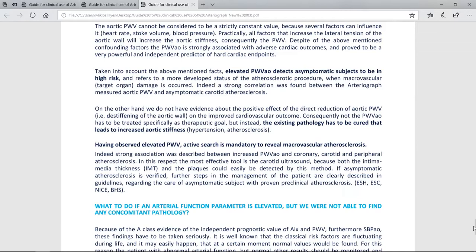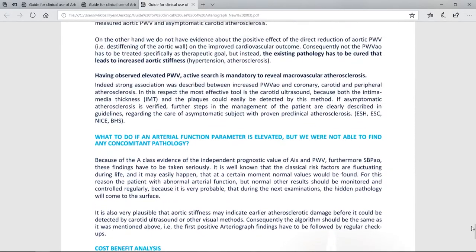So if we have high aortic pulse velocity, we do have to search for the signs of asymptomatic atherosclerosis. The most widely performed and technologically accessible method is carotid ultrasound. So, observing elevated aortic pulse velocity, an active search is mandatory to reveal macrovascular atherosclerosis.